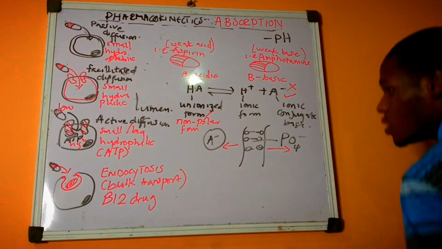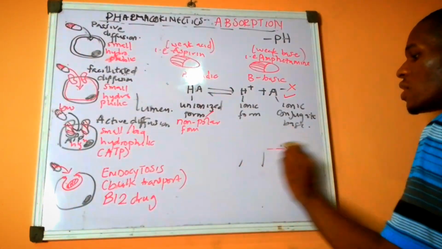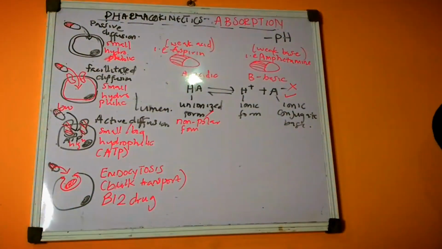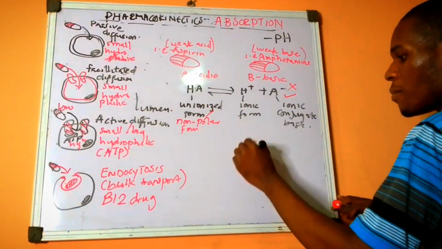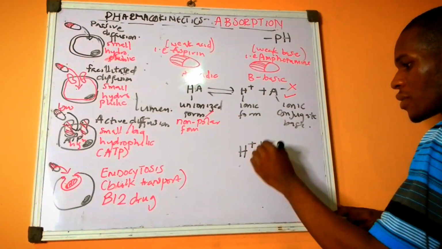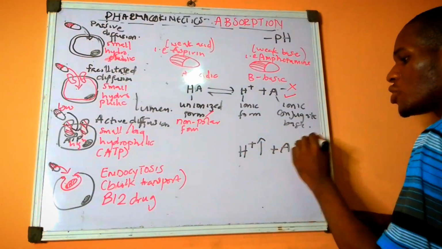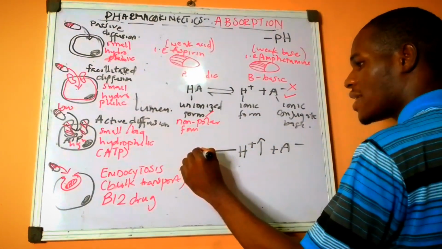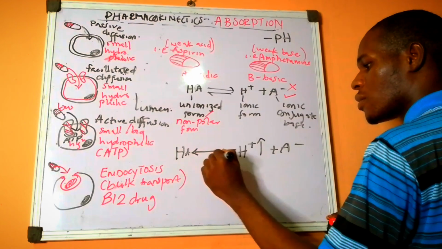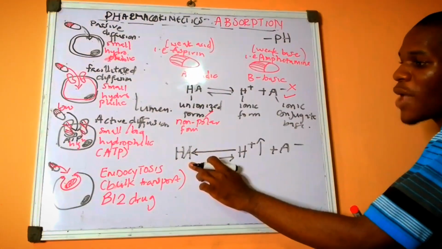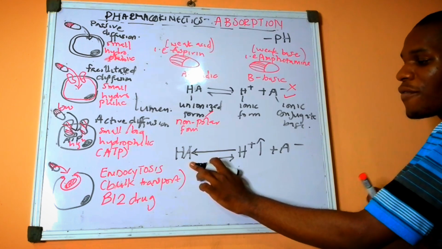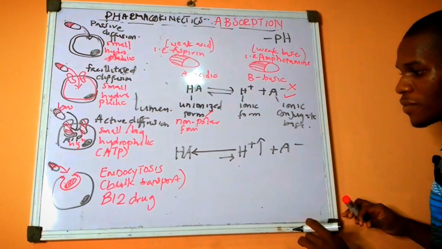Now, according to Le Chatelier's principle, if we increase the proton, the equilibrium position will shift to the right. That means more of HA, more of the unionized form, or more of the non-polar form will be produced.